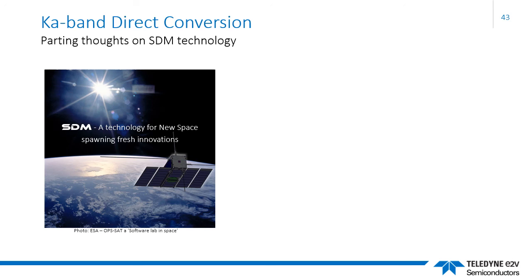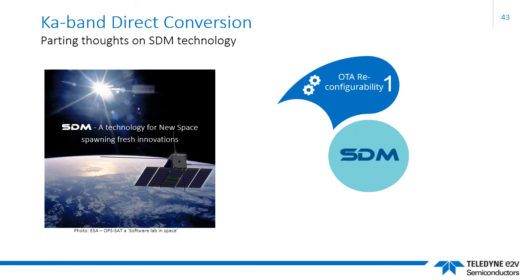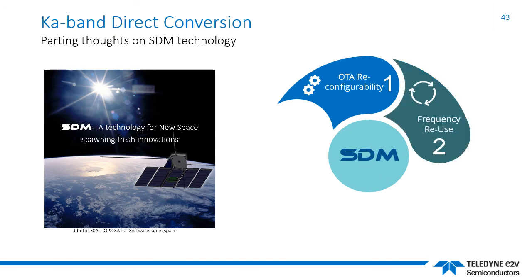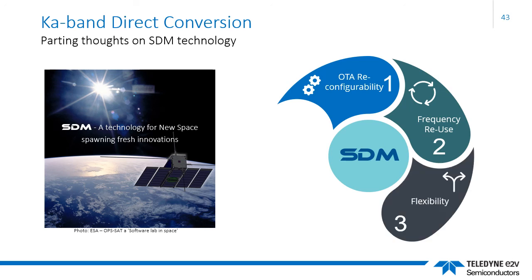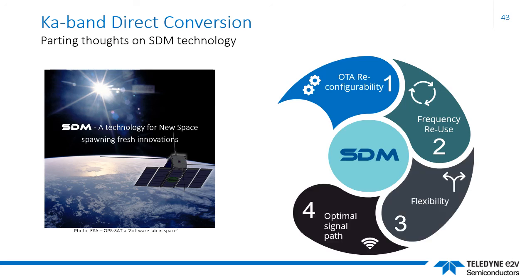The versatility of this technology arises from the following considerations: over-the-air reprogramming and reconfiguration, frequency reuse, essentially ultimate flexibility, optimum mission-defined signal path operation, and finally, and possibly most importantly, increased SWAP, as in improved size, weight, and power performance.